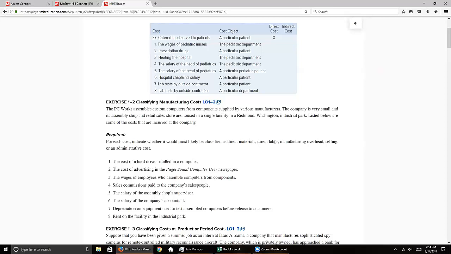If it's not, we'd consider it an indirect cost. And the good news is all of our indirect manufacturing costs get dumped into that manufacturing overhead bucket. So that second question sort of seals the deal for us, right? If we determine it's direct, well, it has to be direct materials or direct labor. If we determine it's indirect, well, then it has to be manufacturing overhead. That's sort of that catch-all for all of the indirect manufacturing costs.